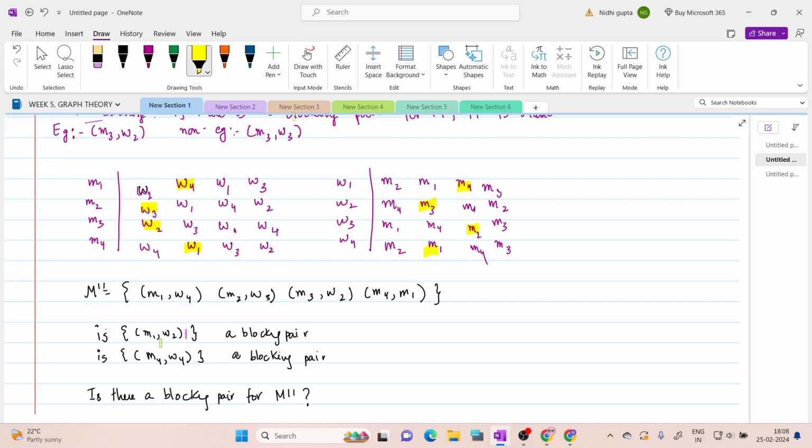Now the question is, is M1 W2 a blocking pair? M1 will be happy with this assignment because M1 is getting a better option than what he is assigned. But what about W2? Will W2 be happy getting M1? Is M1 W2 a blocking pair?